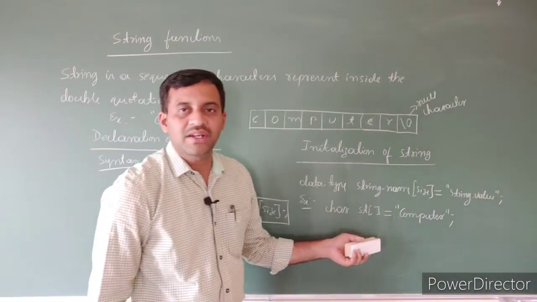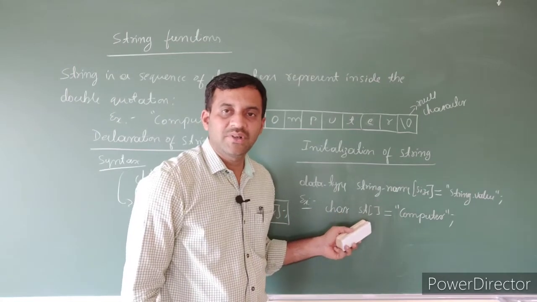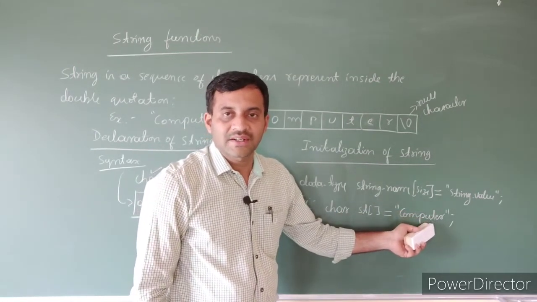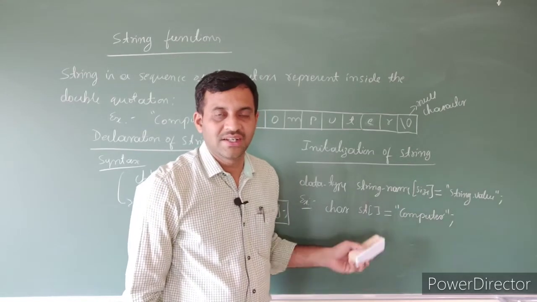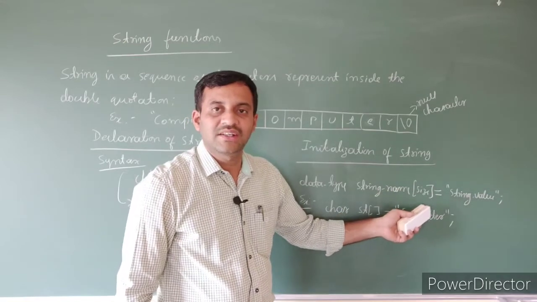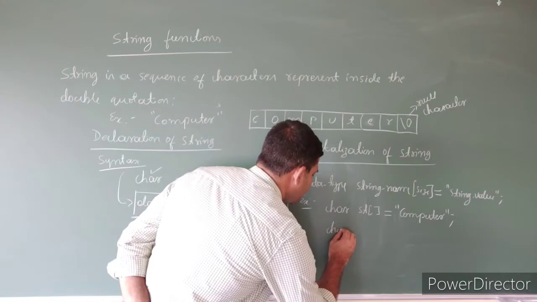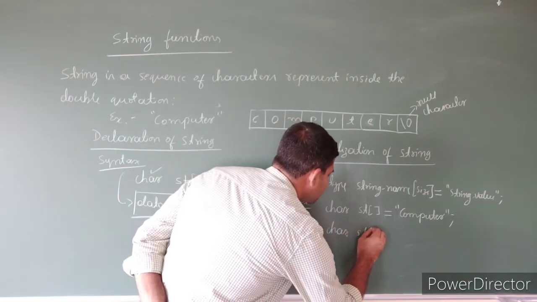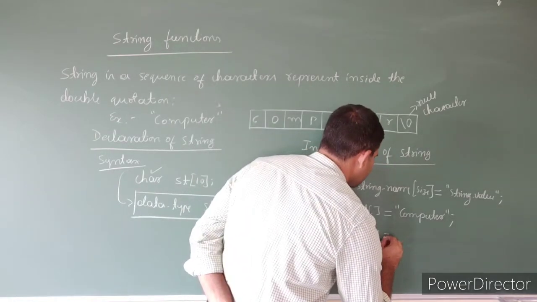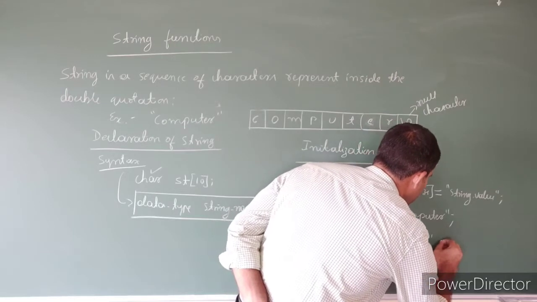If you leave an empty index value, then this empty index value is automatically filled with the number of characters present in the given string. Then the second one is char st[], which is equal to, then we have to give the characters individually.